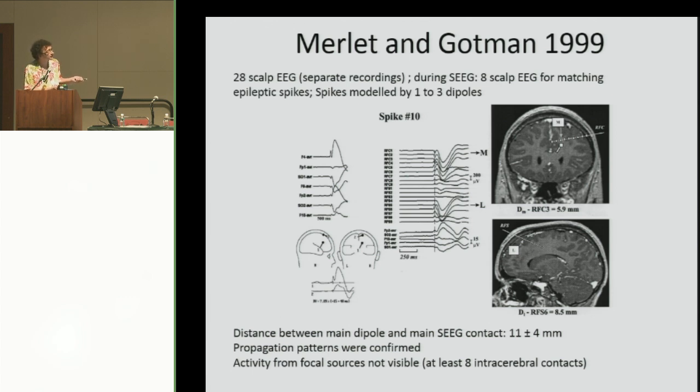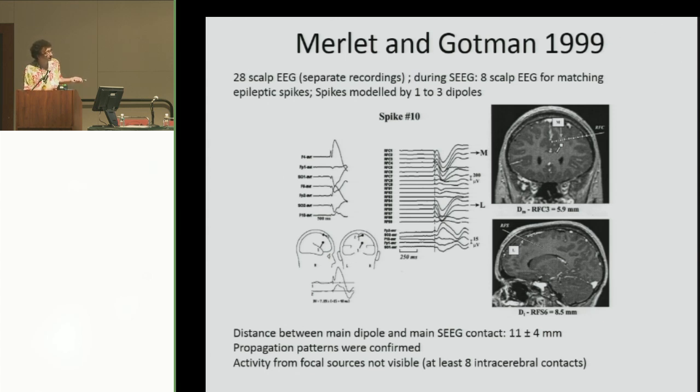And on average, she observed that the distance between the dipole and the main SEEG contact, so the intracerebral contact with the highest amount of activity, was 11 millimeters. So to us, by clinical standard, this is extremely good because the surgeon is not going to remove a few millimeters. He always removes big chunks of cortex. So 11 millimeters, we can live with that.